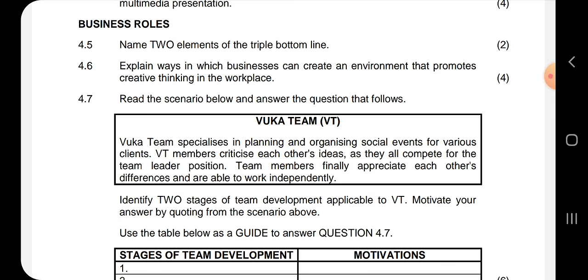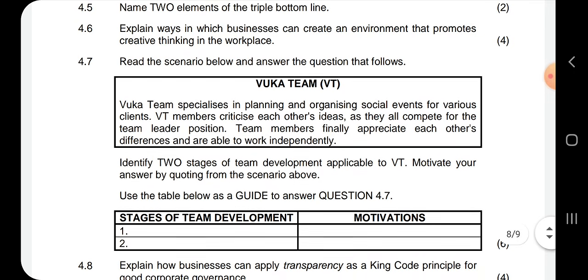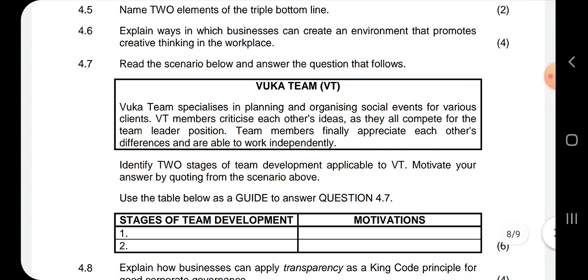VT members criticize each other's ideas as they all compete for the team leader's position. Team members finally appreciate each other's differences and are able to work independently. Identify 2 stages of team development suitable to VT. Motivate your answer by quoting from the scenario.